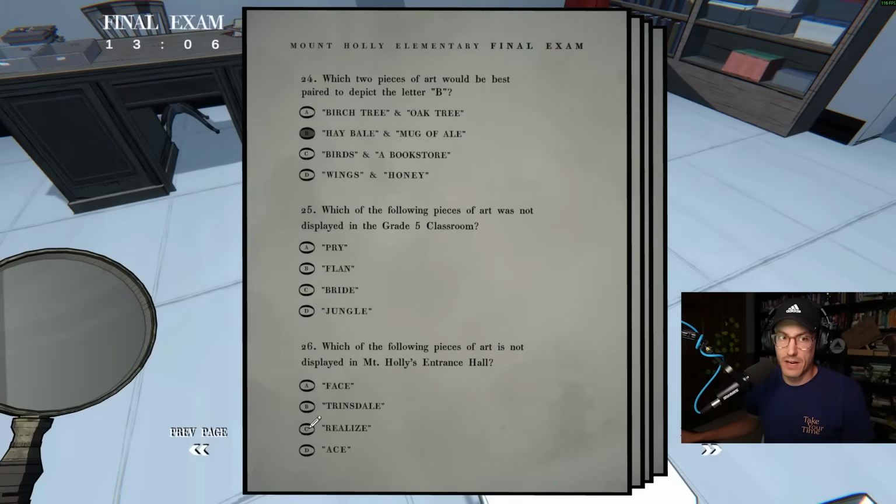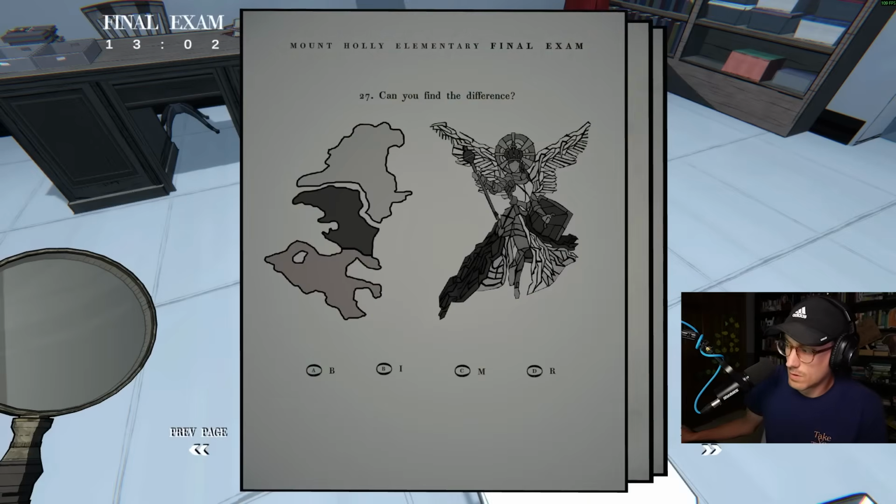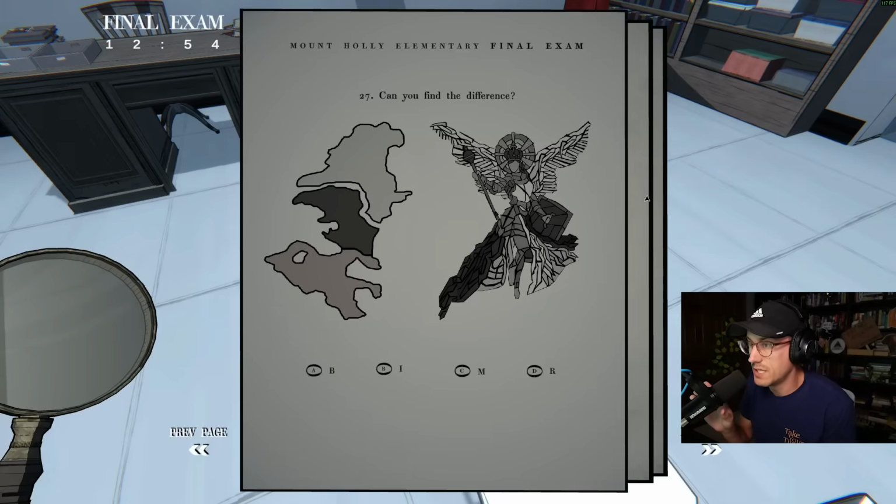Real eyes, veritable. Can you find the difference? What does this mean? What?